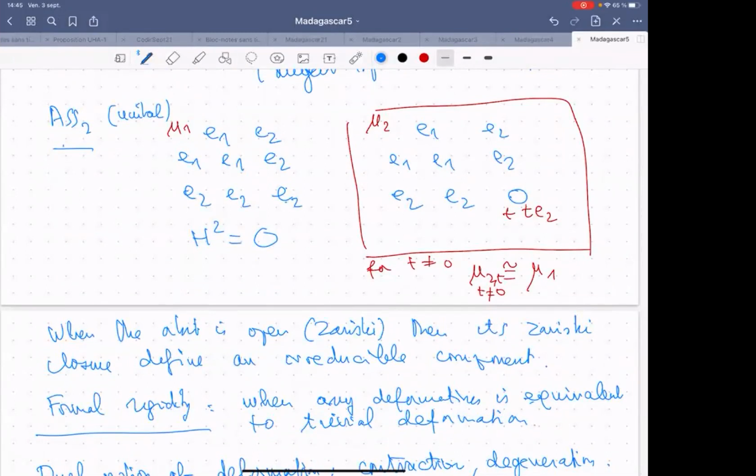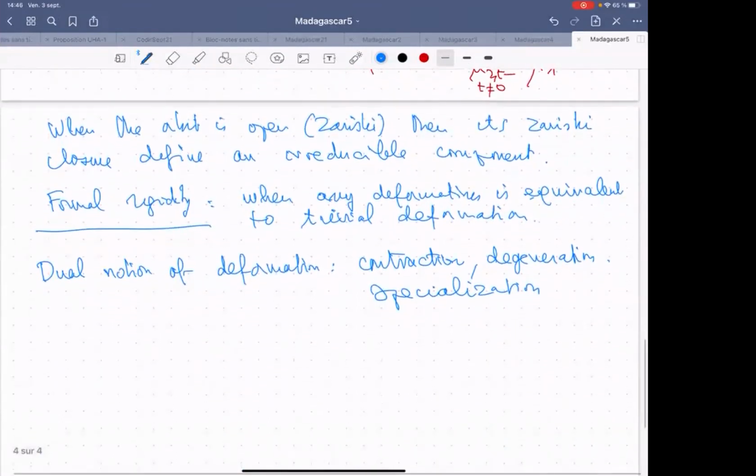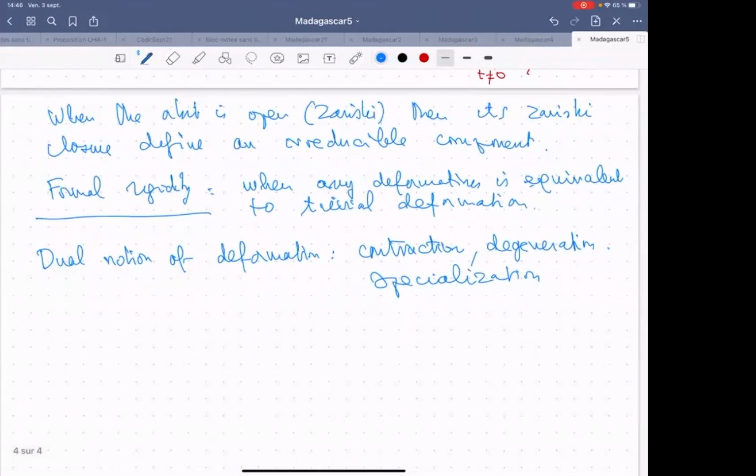Okay, and here degeneration helps to construct irreducible components. Then for this unital associative algebra of dimension 2, there is only one irreducible component, which is given by this rigid algebra, and this mu2 is in the closure, in the border of the orbit of mu1. Okay. Now let me go ahead with some other properties.